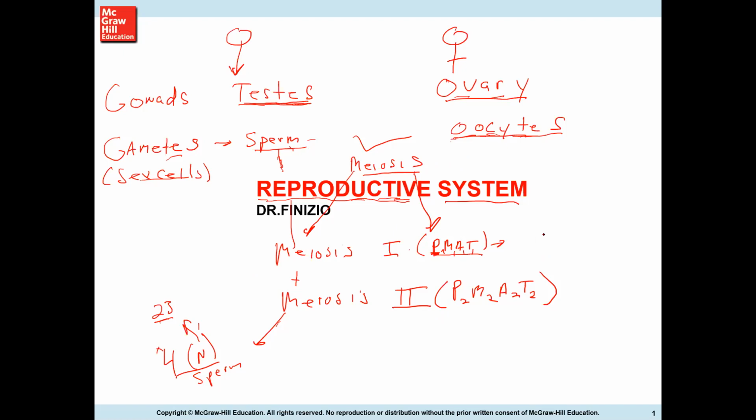Then it stalls in prophase and completes meiosis 1 when you reach puberty. Okay? Then it starts meiosis 2 and stalls again in metaphase 2. This is the ovary, now this is the oocyte. This stalls in metaphase 2, and it's complete only with fertilization.